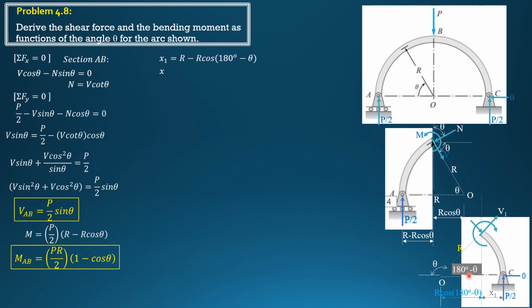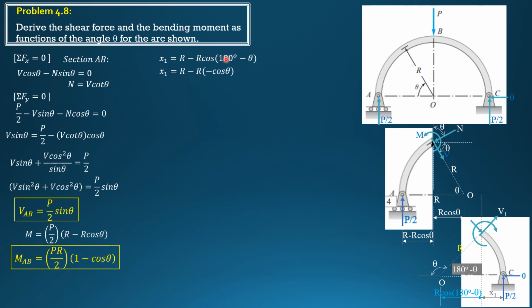So what is alpha? 180 degrees minus theta. So x sub 1 is equal to r, this is radius r, and this portion here is r cosine of 180 degrees minus theta. So therefore, x1 is r minus r cosine of quantity 180 degrees minus theta.